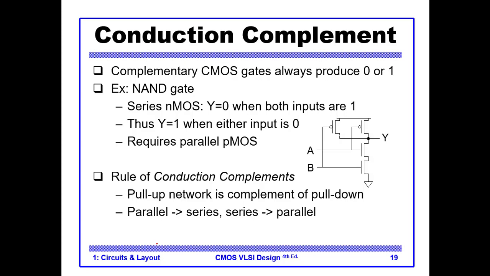So this is called conduction complement. Complementary CMOS gates always produce zeros or ones.